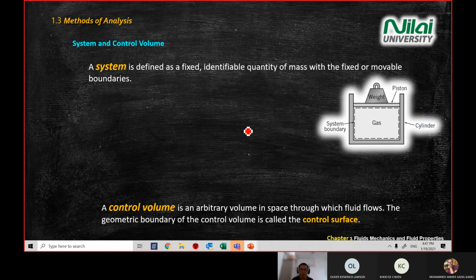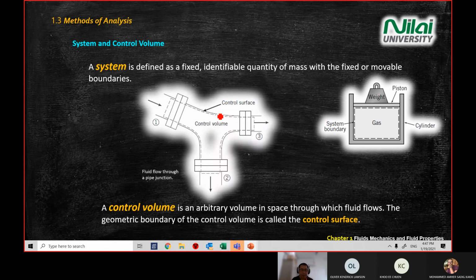This diagram is called a control volume. We want to analyze a flow inside a pipe, a T-junction here. To analyze what is inside the pipe, we need to define the area of your calculation by that dashed line here. We call it the control volume.